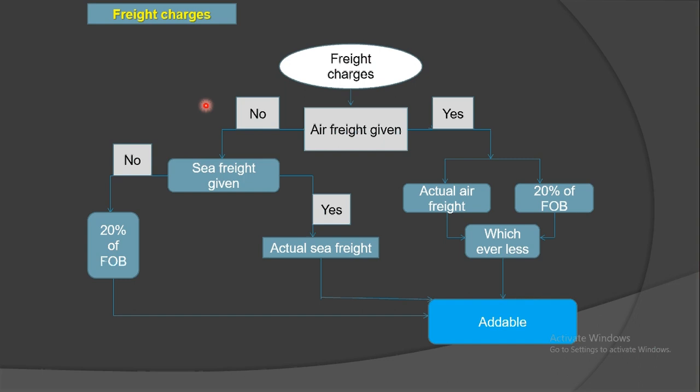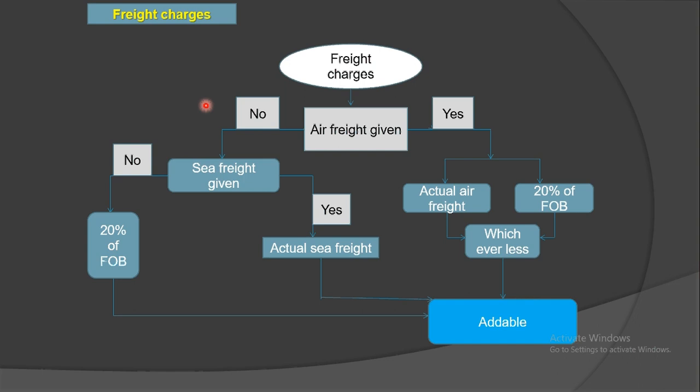Let's take an example. If our actual air freight is 1000 rupees and 20% of FOB is 800 rupees, whichever is less, it means 800 is our freight charges for this calculation of CIF.